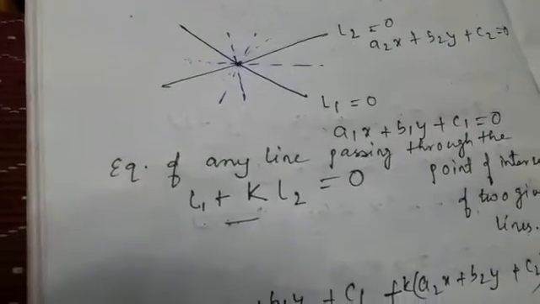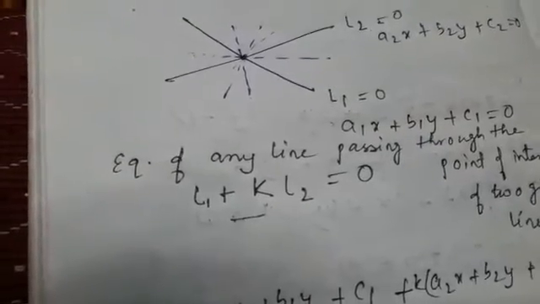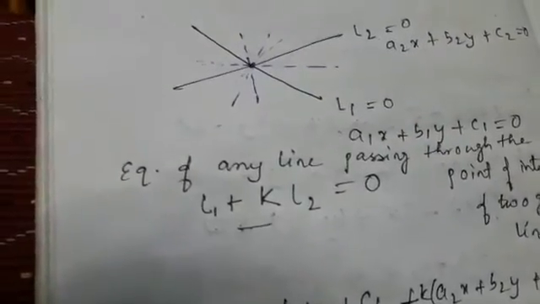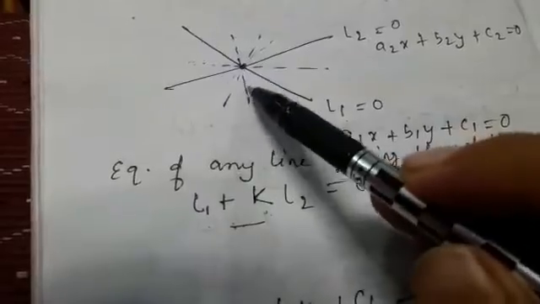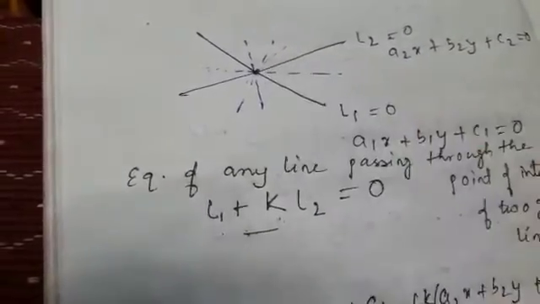This is the equation of family of lines. Now here the k is constant. The k is constant and the k is going to keep on changing, and by putting different values of k, you will get different equations of respective lines which are passing through the point of intersection of these two given lines. I hope it's clear.